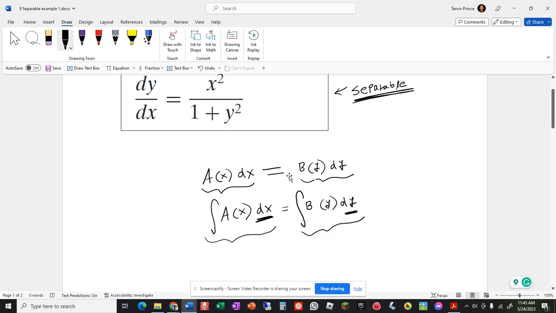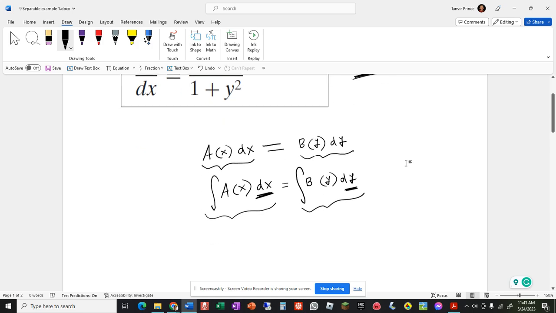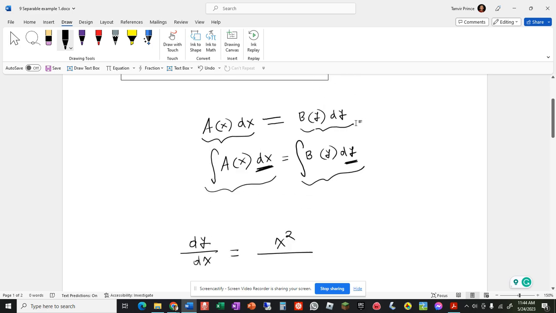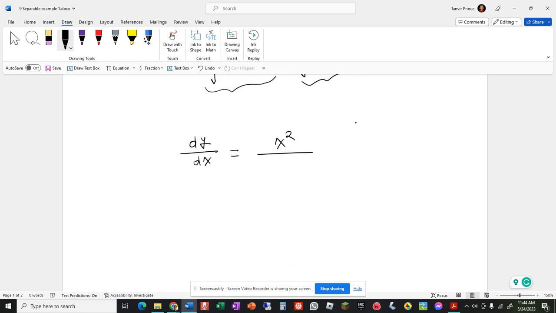So let's look at this problem. I'm going to copy this problem here. 1 plus y squared. Here you can see I can simply cross multiply, right?